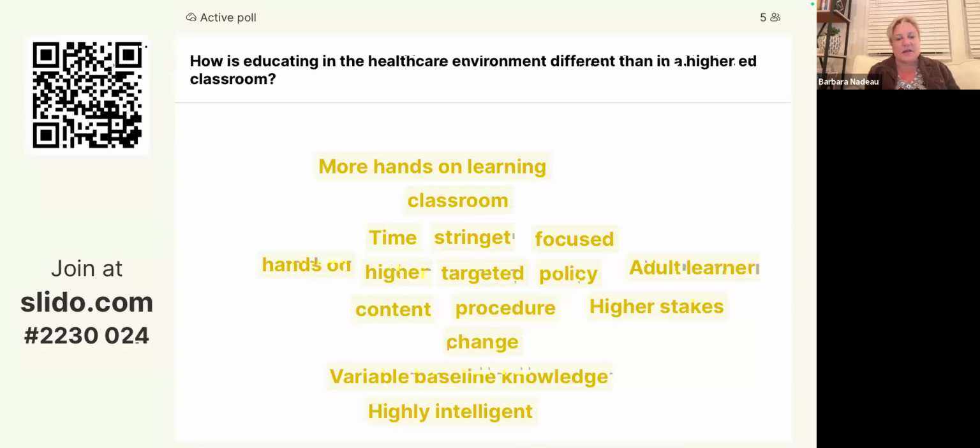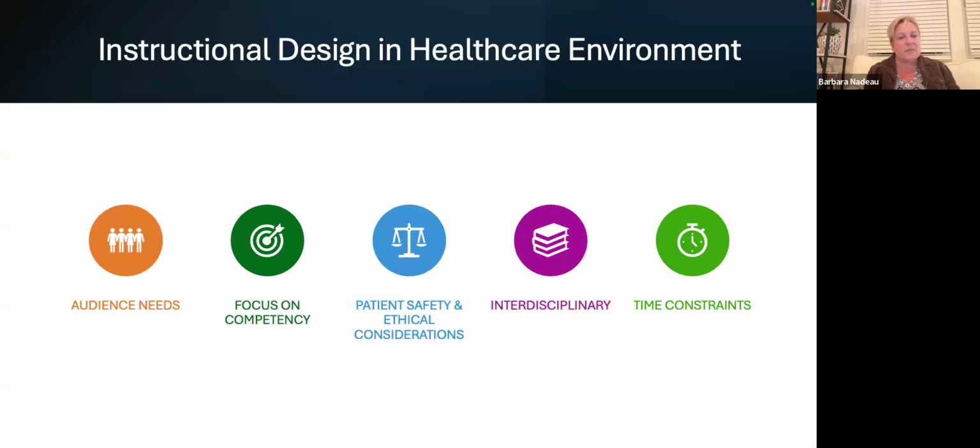I also came up with a little list, which very much dovetails what you guys said. So we have audience needs. In the healthcare environment, they want things that are immediately applicable. There's not time for a lot of theory and abstract ideas. We want to learn something and be able to apply it.